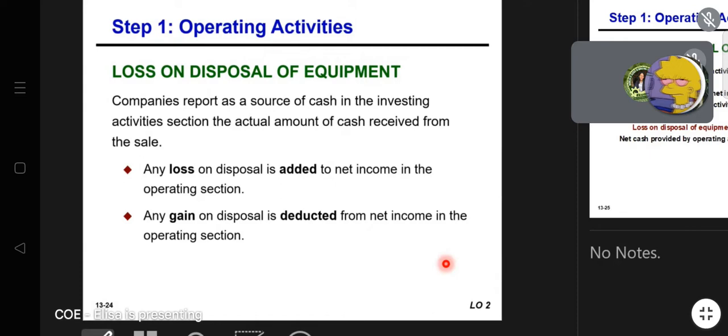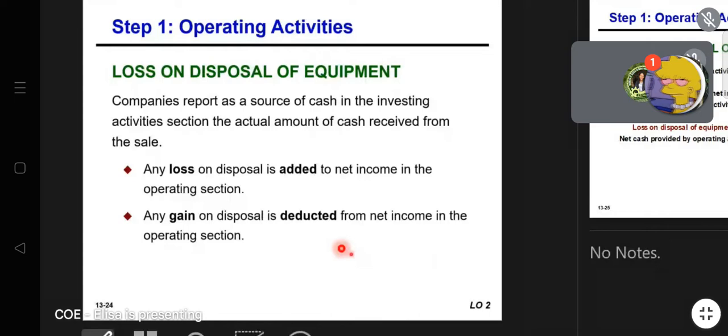When you sell equipment, you are not in the business of buying and selling equipment, but rather you buy equipment to use it. In this case, you sold it, and if it resulted in a loss, it has nothing to do with operation. You sold it at a loss, so it has nothing to do with operation.